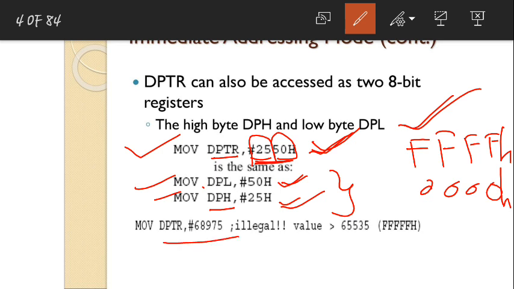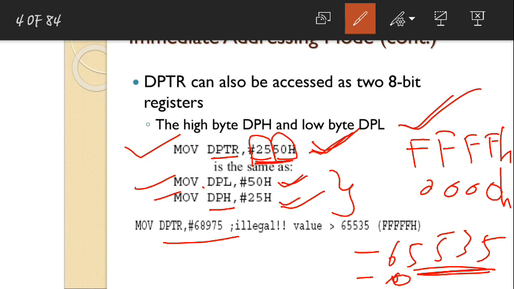In decimal, your maximum value will be 65,535 and the minimum value will be 0. So you can't move more than this because the size of the register is limited. You can't exceed the value of 65,535 in that register.